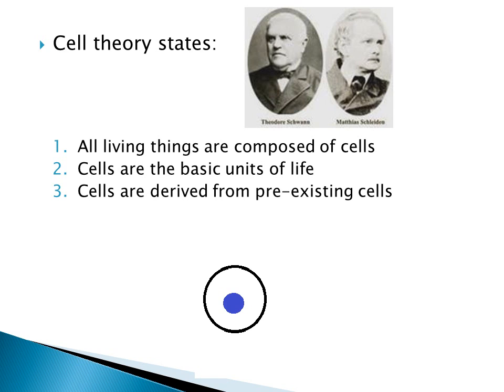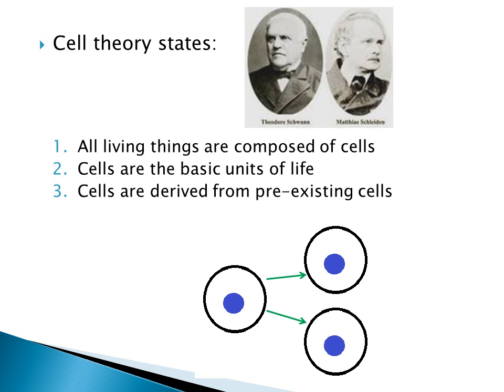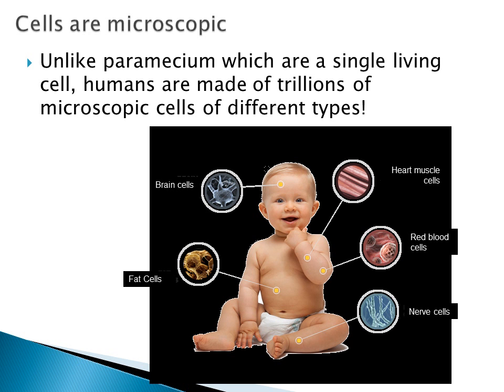So we see this cell. This cell is able to divide to form other cells. This is cell division. We'll take a closer look at this in a couple weeks. Cells are microscopic. You look at your skin and it appears as one sheet of skin. If you were able to look closer and closer, which you can with a microscope, you'll actually see that your skin is composed of individual cells.